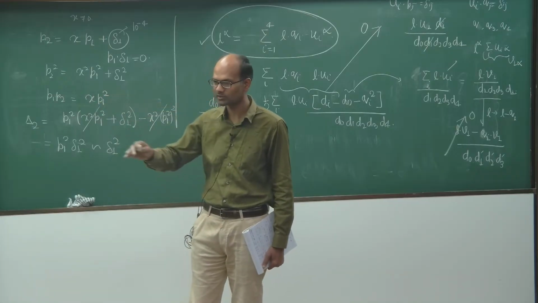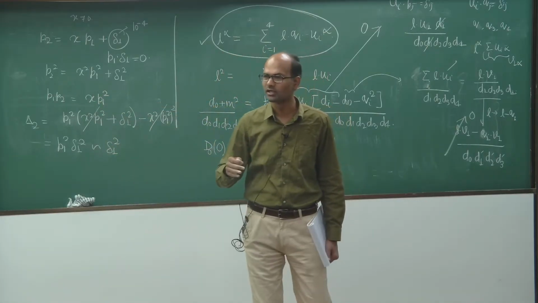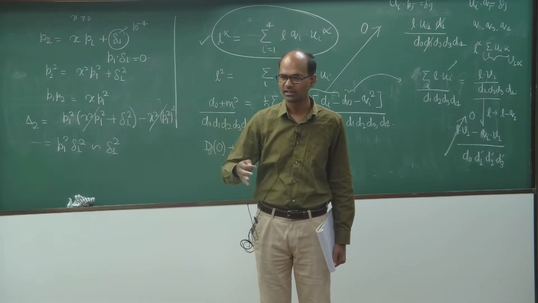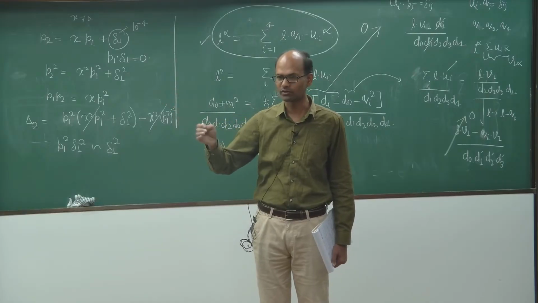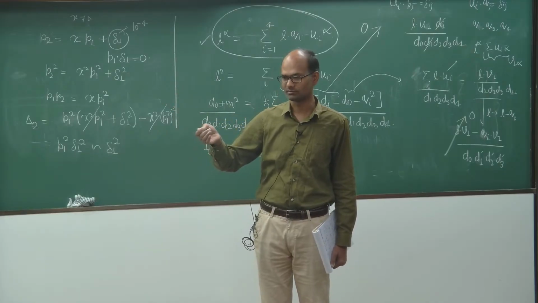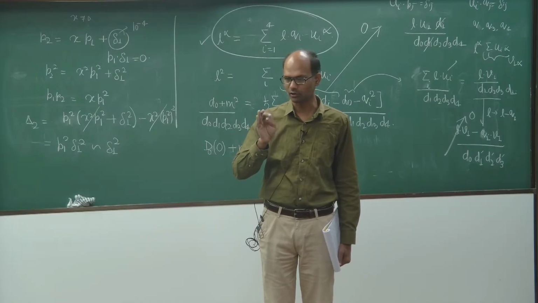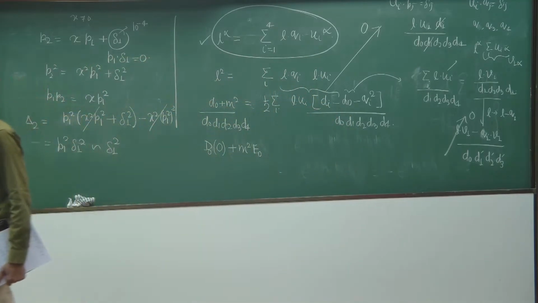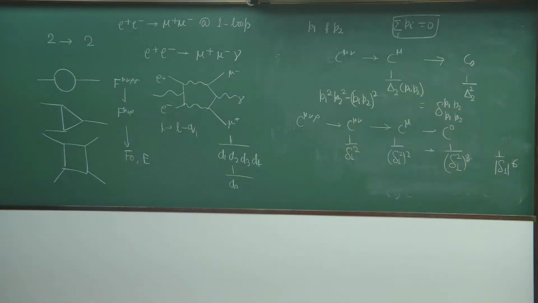And that's what people actually do. When they build a tool for the automated computation of loop amplitudes, they do worry about such phase space configurations, and therefore they use methods where such problems are not faced very often, or a method which is completely independent. For example, what Satyajit talked about, this cut based method.